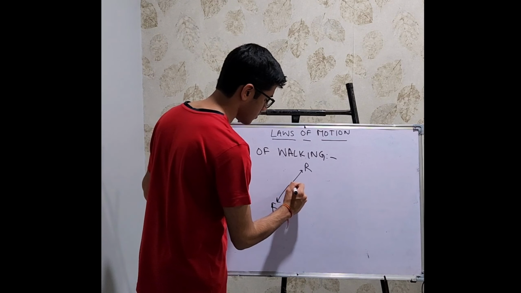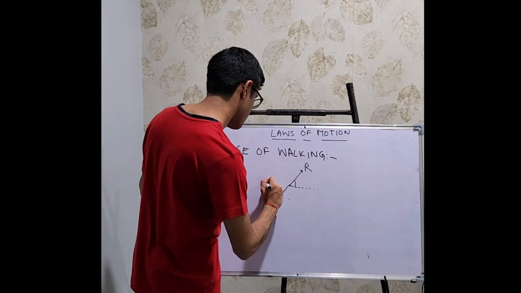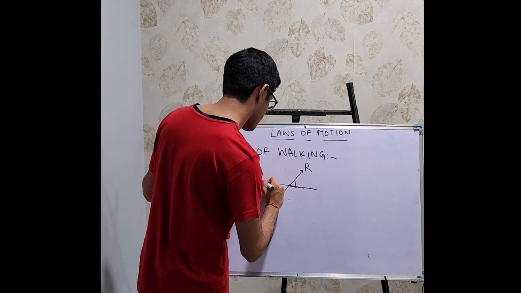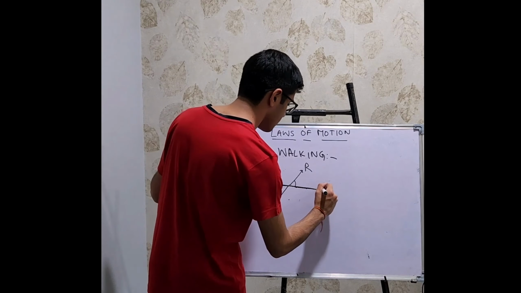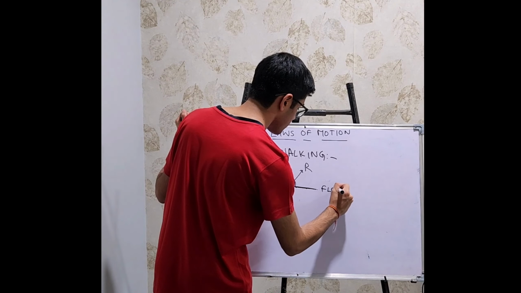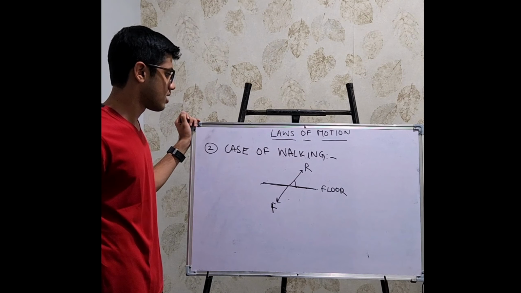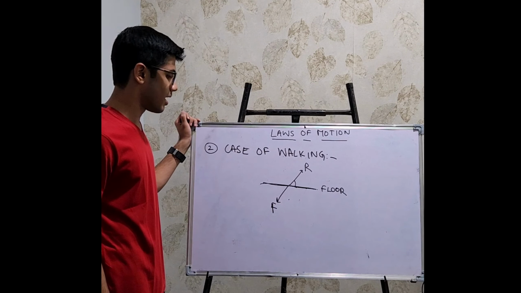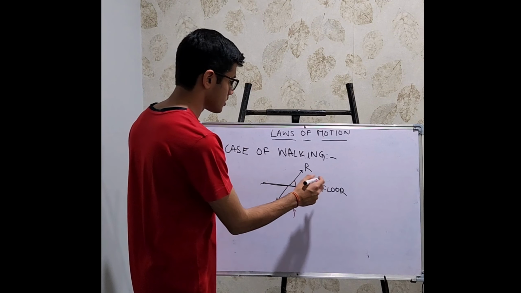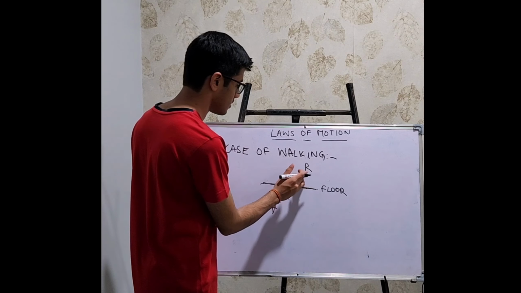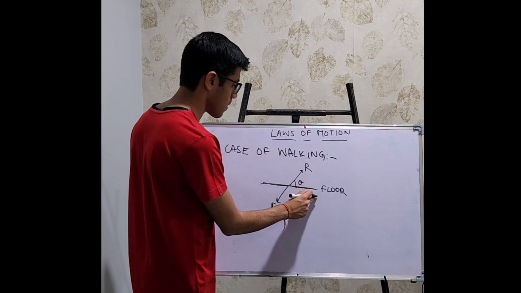Let us say we draw a line. This is the floor, by the way. So the normal reaction is a force which is exerted by the floor on your foot, and this makes an angle theta with the floor.